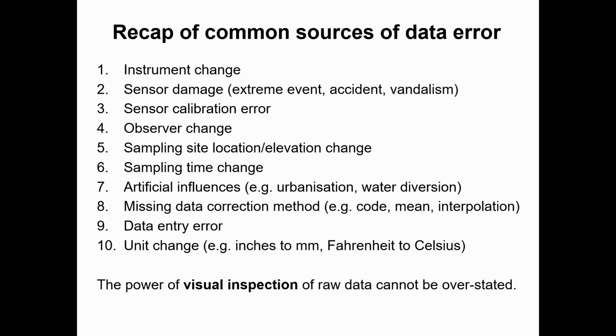What we're going to do in the exercise is essentially looking at data, visually inspecting it, and applying some simple tests to determine whether or not there are errors in basic rainfall and maybe temperature data if we have time.